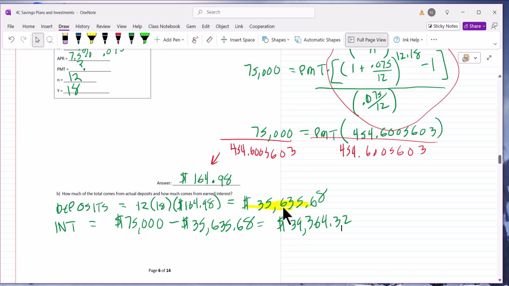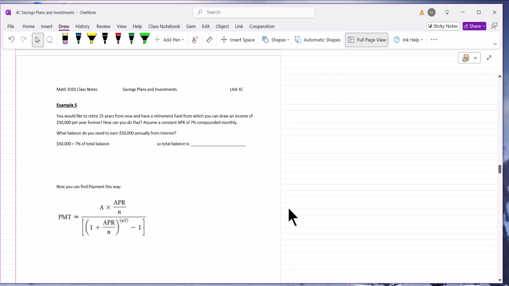So let me show you how you do this. So the first thing is we need to figure out what the total balance needs to be so that you get that $50,000. So we have kind of a simple equation right here. We have $50,000 is 7% of the total balance. So we're going to solve an equation.